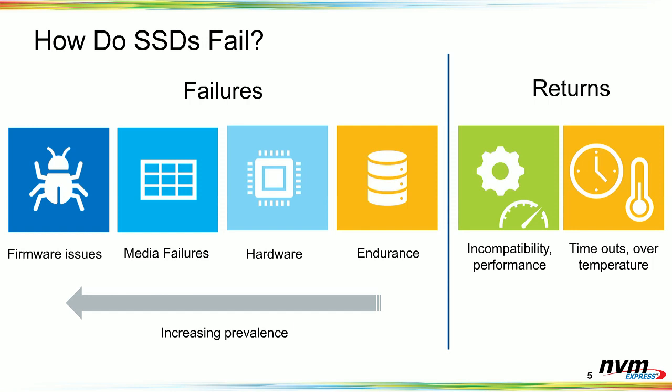On the right there, you have endurance, hardware, media failures, and firmware issues. If you had a bar chart, a Pareto of how SSDs fail, these would make up the majority of them, mostly the firmware issues and slightly media failures and hardware.